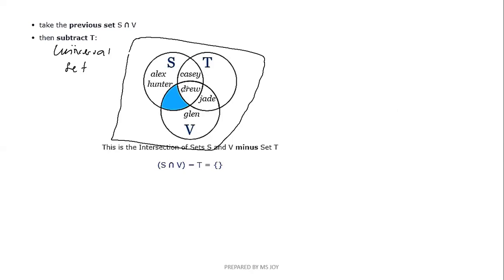Daniel, you see this. Can you see Alex, Hunter, Casey, Drew, Jade, and Glenn? These are elements. Elements are those inside the family. If they ask you to describe the elements, this is a family, so you can't describe them.